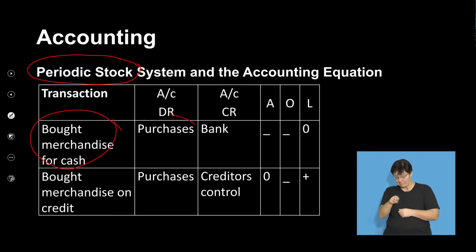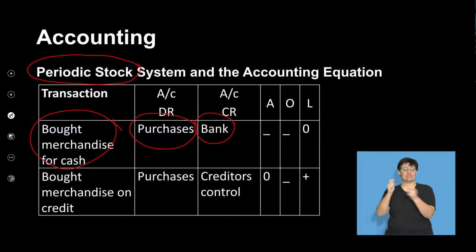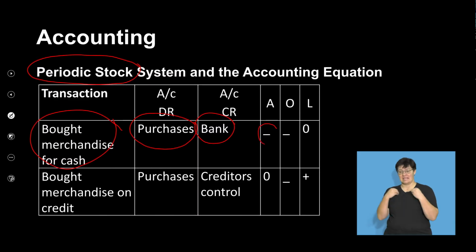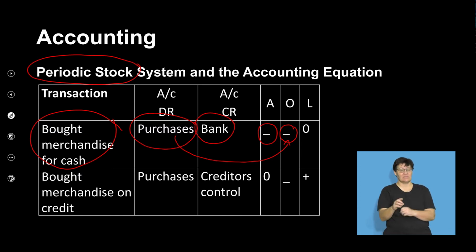Account debited is purchases. Note the difference. Account credited is bank. Doesn't change. Notice my accounting equation. We're assuming bank is favorable. So assets minus and owner's equity minus. Why? Because purchases is an expense and it is impacting on my owner's equity.